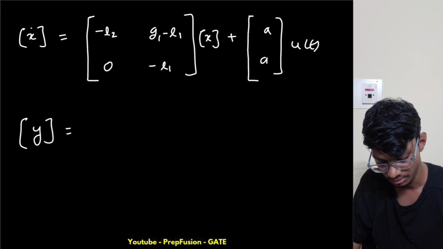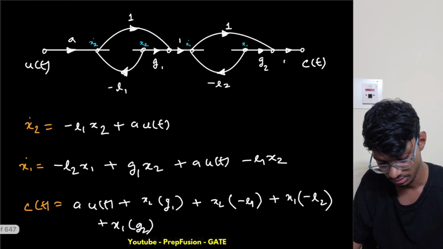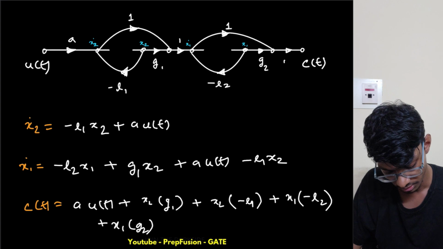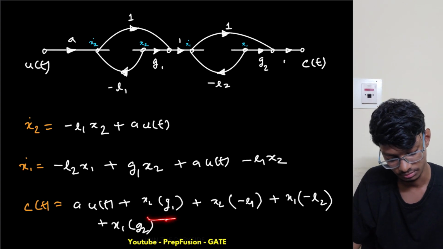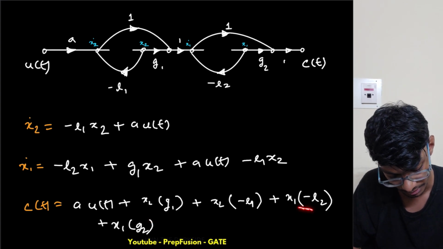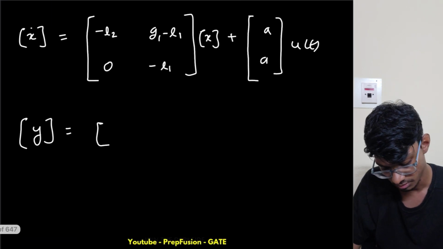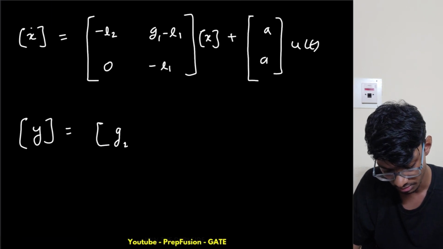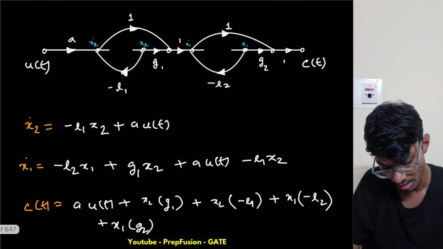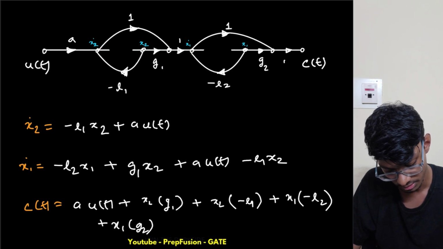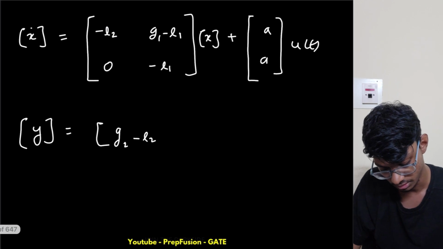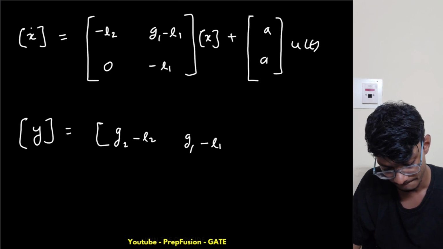My Y will simply be a row matrix, and it is dependent on the state variables also, which is like minus L2 G2. So this becomes G2 minus L2, and this is G1 minus L1, so G1 minus L1 times X.